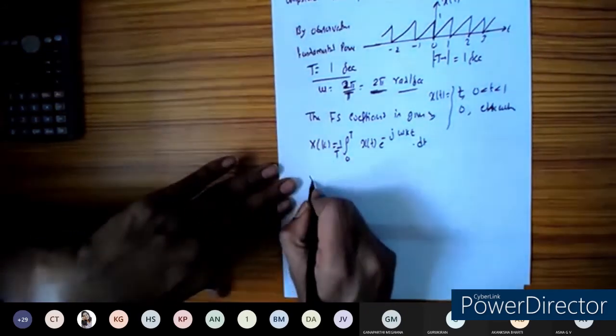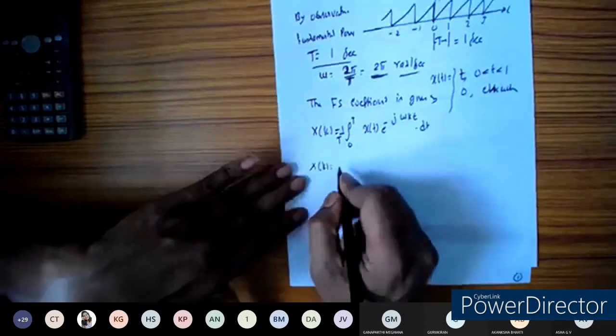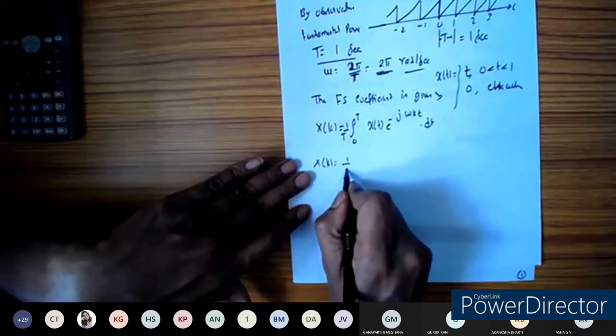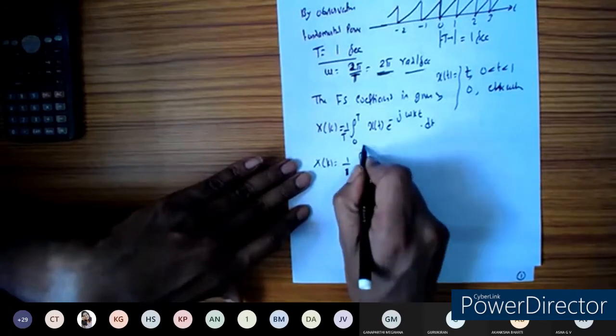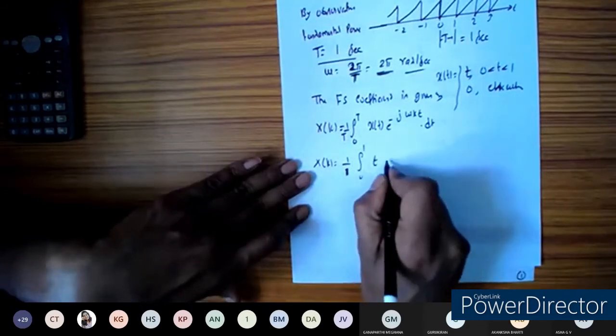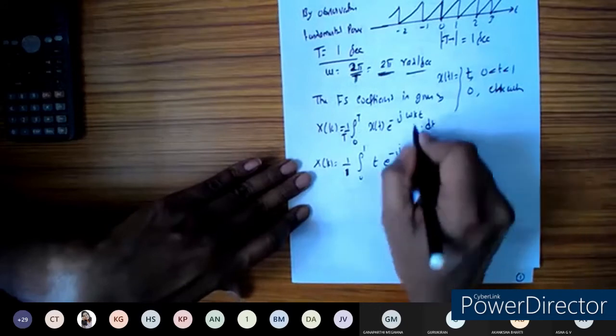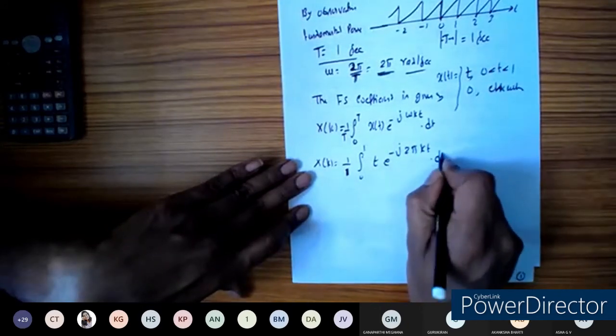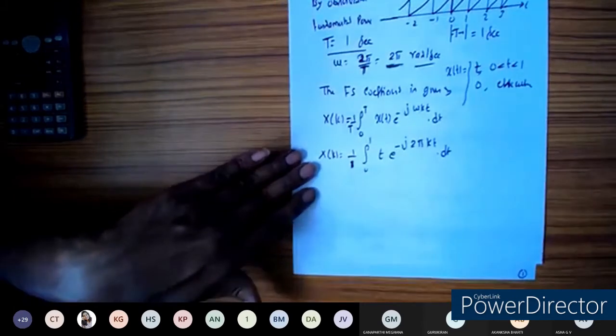Now let us substitute the value of T, which is 1 second. So x of k is equal to 1 by 1, the integral from 0 to 1, where x of t is t, into e to the power of minus j 2 pi k t dt.